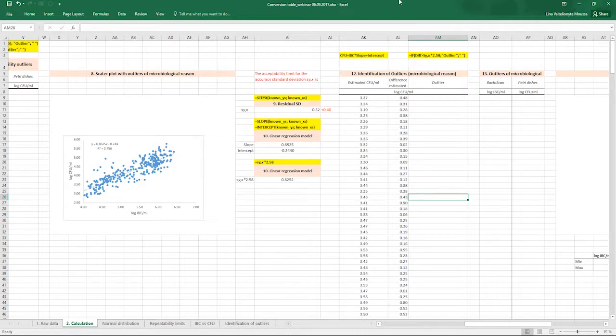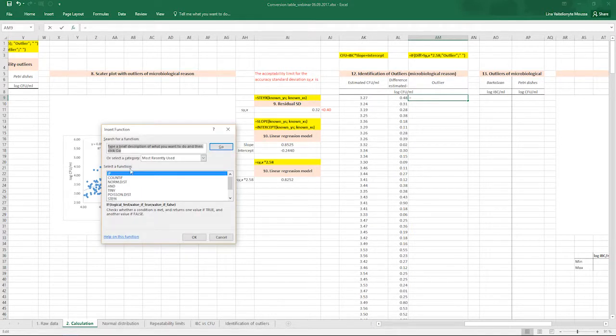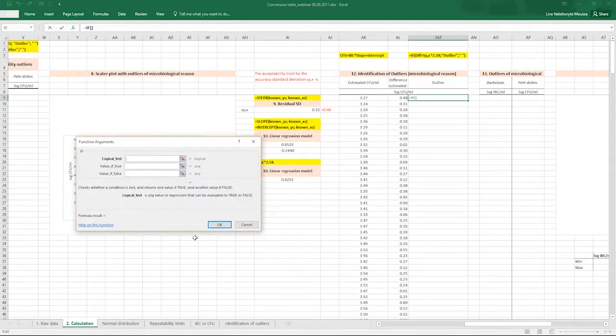So when we have estimated CFU and the difference between estimated and calculated or counted CFU, we can look if there is an outlier of microbiological reason. Here on the top, you can see the formula. So typing if, and the logical test will be if the difference is more than the linear regression model.